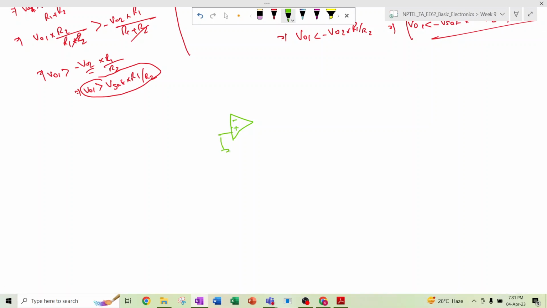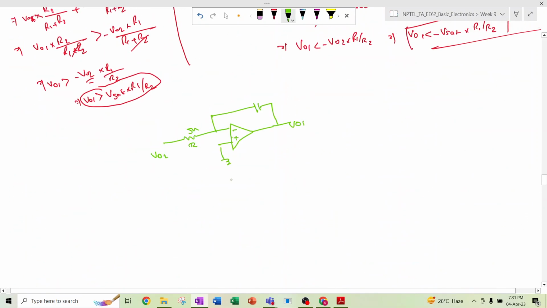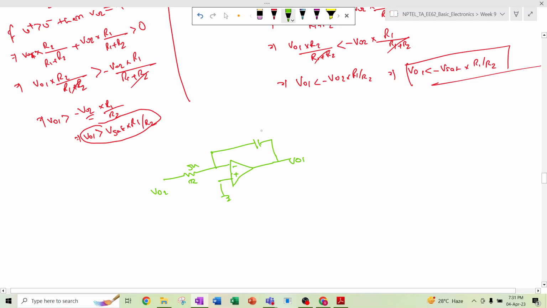This plus goes to ground, there is some resistor value R, this is 5k, and then here we have VO1 and this is VO2, because this is connected to this, right? VO2 is being applied. And this is 5k and this is C.